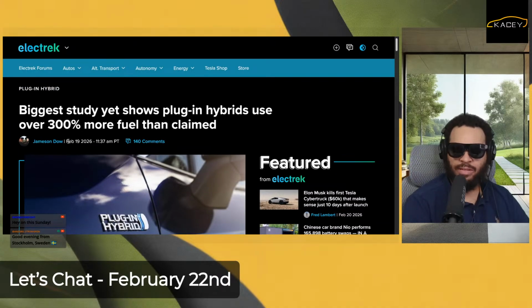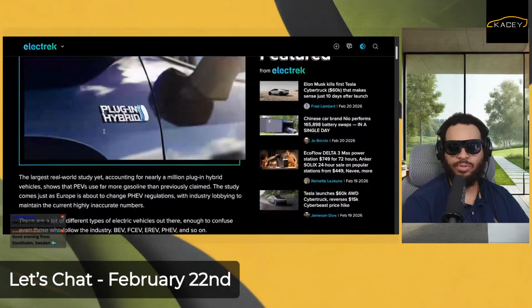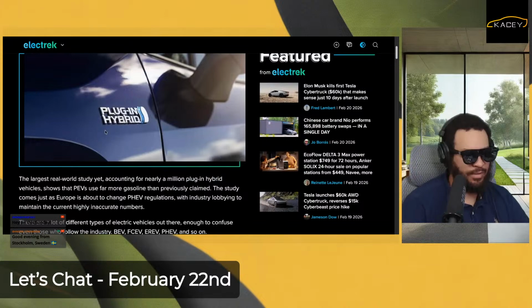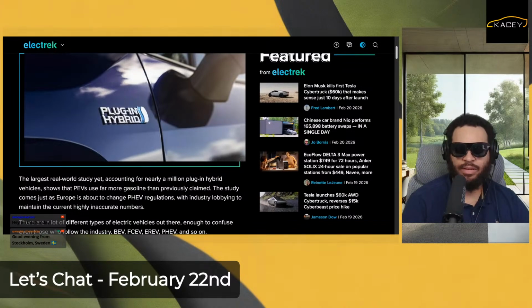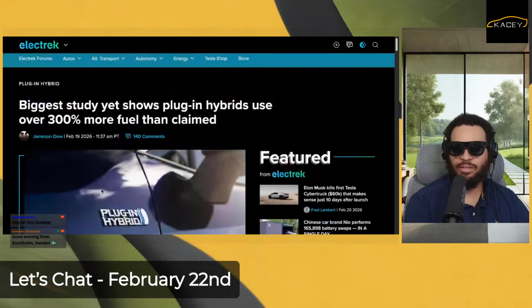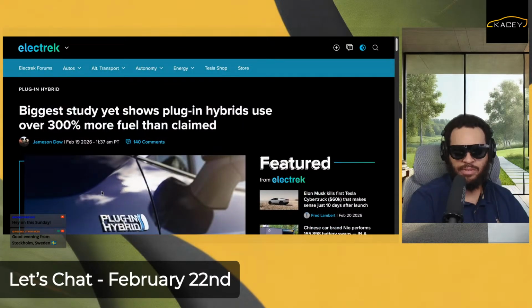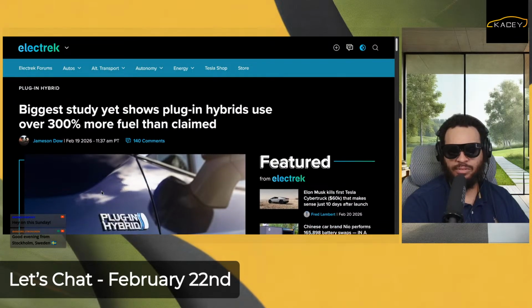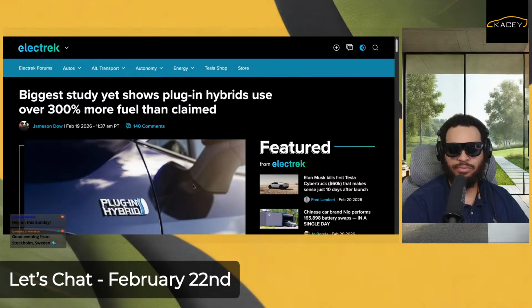The biggest study yet shows that plug-in hybrids have used over 300% more fuel than claimed. Like I said, if it works for you, that's great. But the reason I was so disappointed in any manufacturer doing it is stuff like this. Like every study we've seen says that they don't get plugged in frequently enough, unless the fuel price is just through the roof.